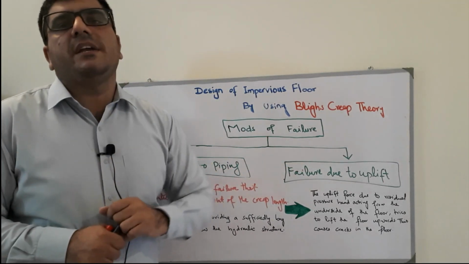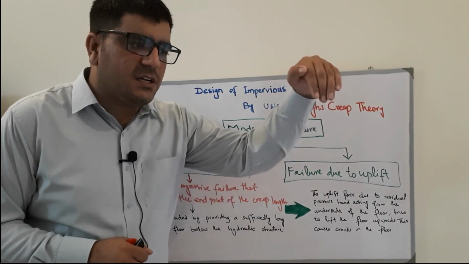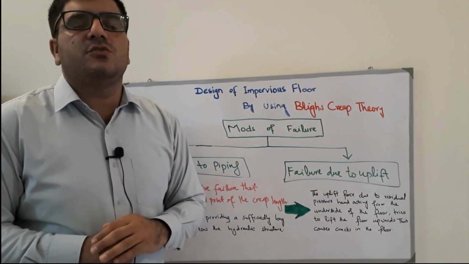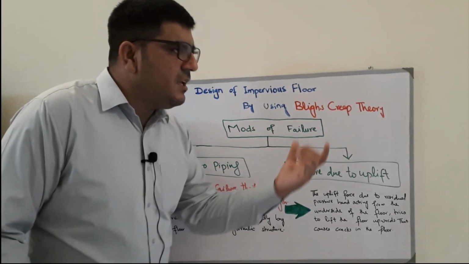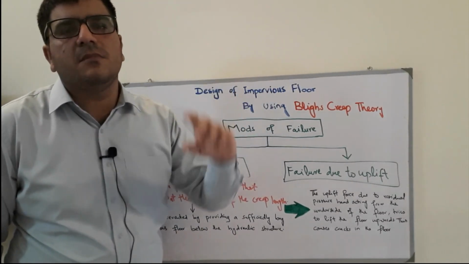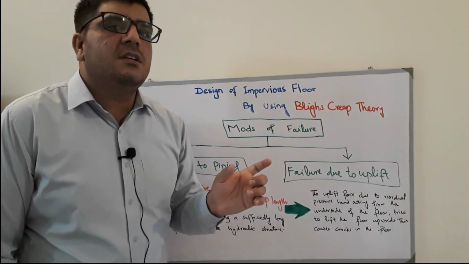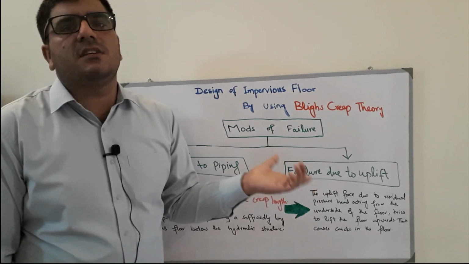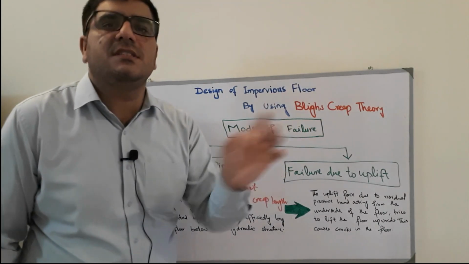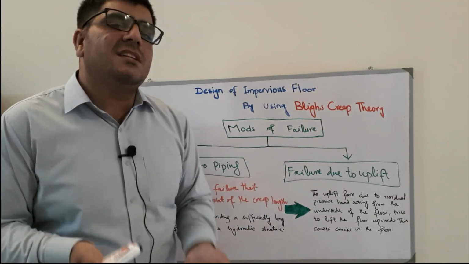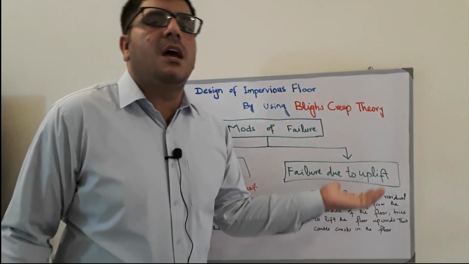Let's say at point A, which we can assume is 5 meters from the upstream side where the water particle penetrates into the subsoil, if the total head was 10 meters and the head loss up to that particular point is 2 meters, then the remaining head, in this case 8 meters, is called the residual head. So total head minus the head loss is equal to the residual head, which is the head able to cause damage in terms of piping and also in terms of the uplift force.